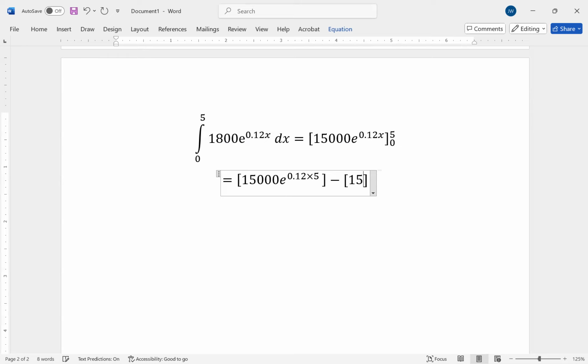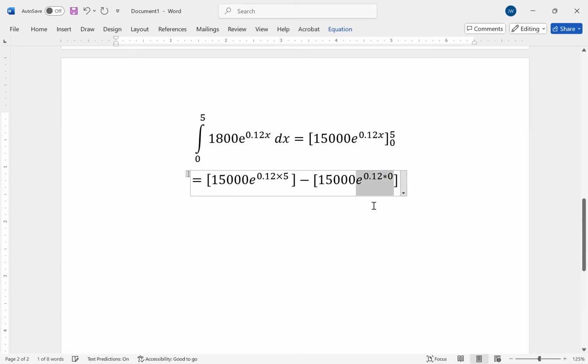So when you plug in 0, you do not get out 0. Polynomials, when you plug in 0, you often get out a 0. But in an exponential function, this is going to be e to the 0, which is going to be a 1.